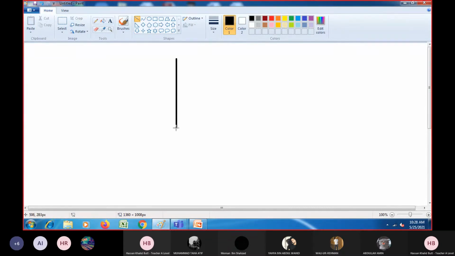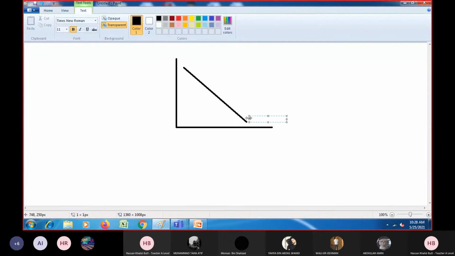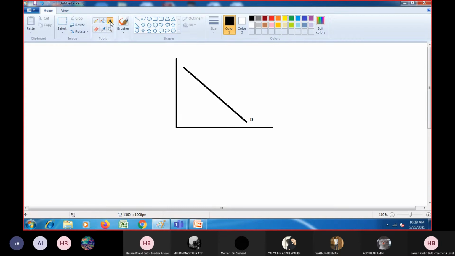Okay, let me just draw it. There was a demand curve, and demand curve is always negatively sloped. And why is the demand curve always negatively sloped? Because the demand curve is drawn with the help of two variables.